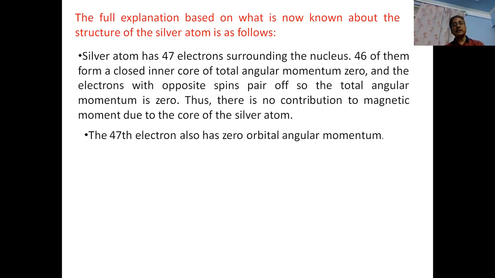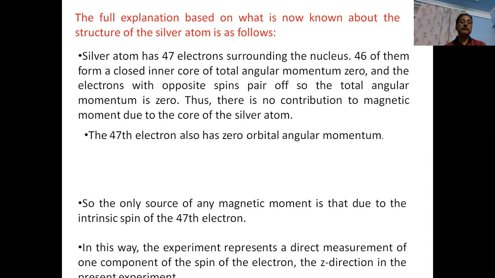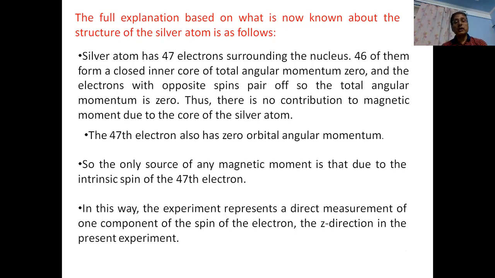The 47th electron also has zero orbital angular momentum. So the only source of any magnetic moment is that due to the intrinsic spin of the 47th electron. In this way, the experiment represents a direct measurement of one component of the spin of the electron, the z direction in the present experiment.